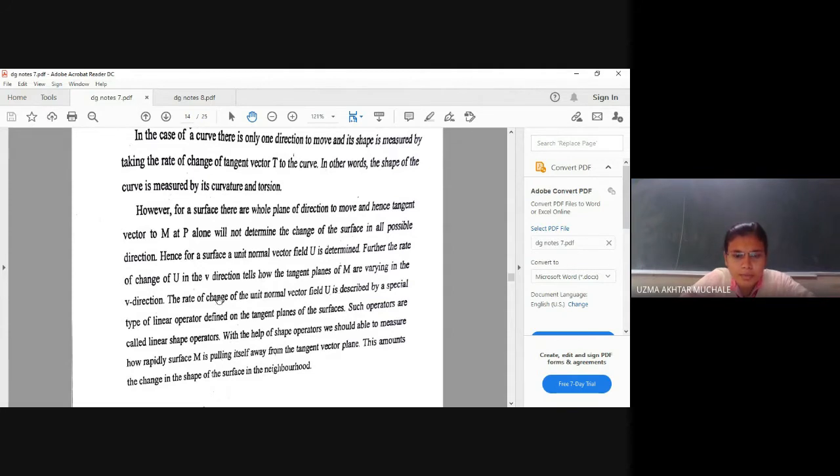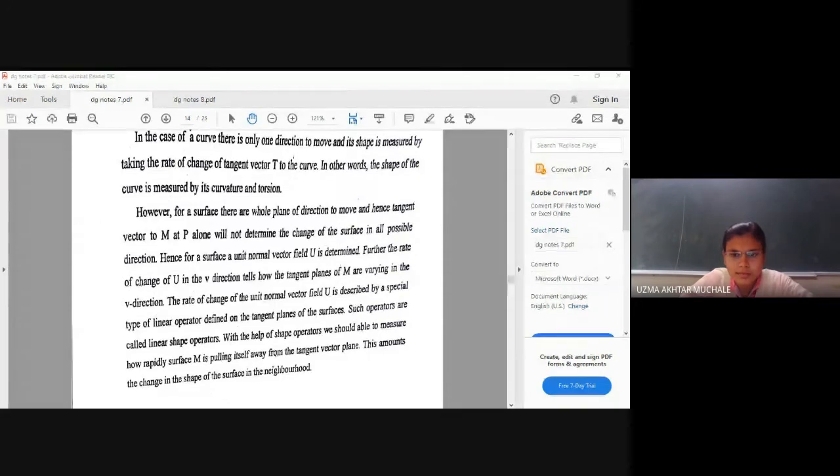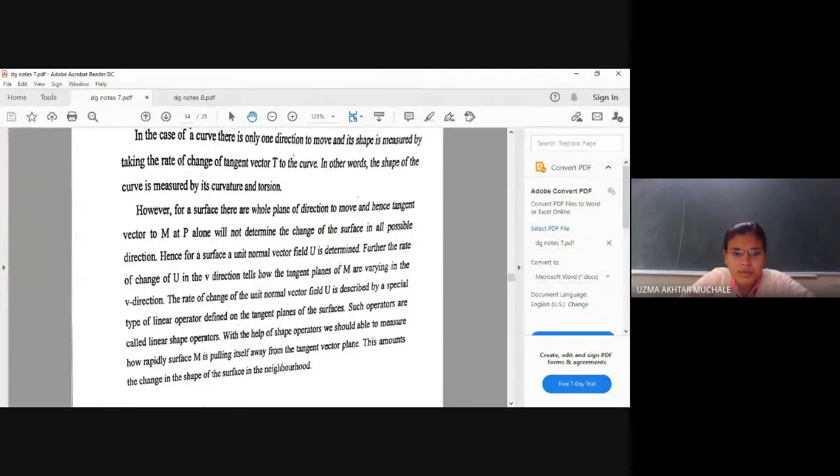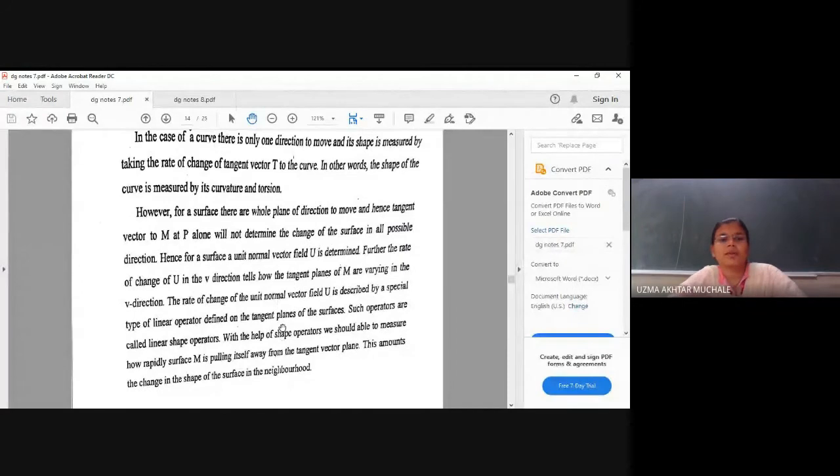Because if you come back to our curve alpha, what is a normal to the curve alpha? What is the formula for normal N? I think you are remembering or not, I don't know. What is the formula for normal?